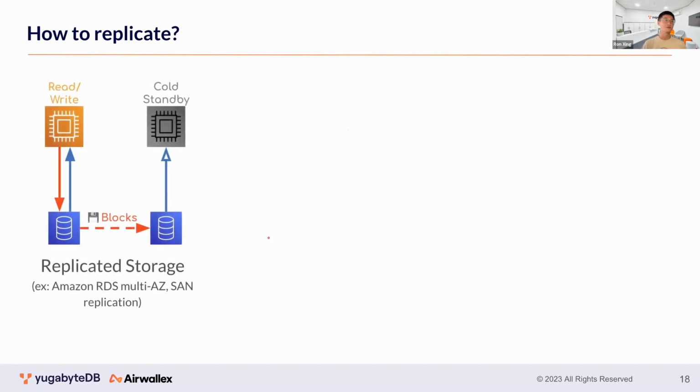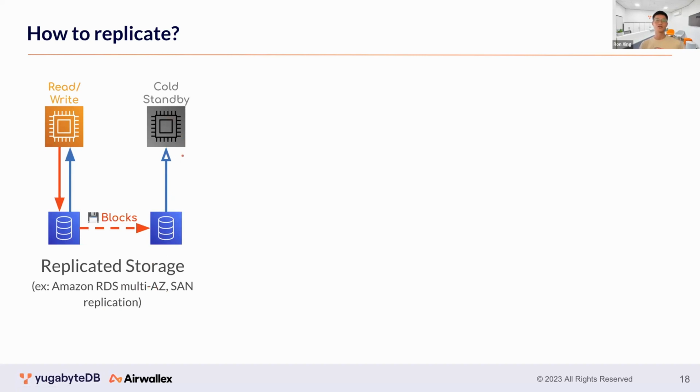So first, you can use block level storage replication. You're replicating the data on the storage level, something like an RDS multi-AZ design or SAN replication. Even though they can replicate the data like this, initially for RDS multi-AZ, this node is a cold standby.